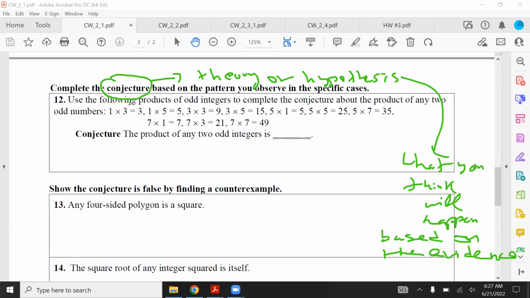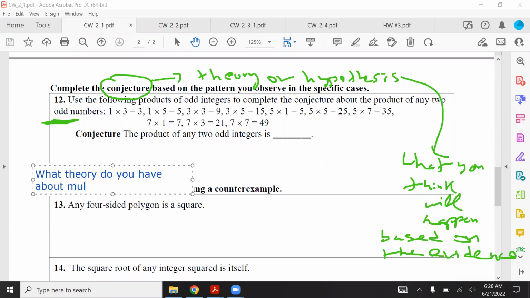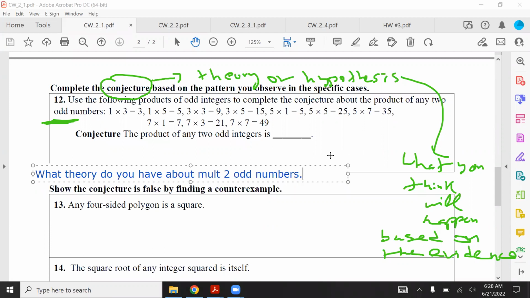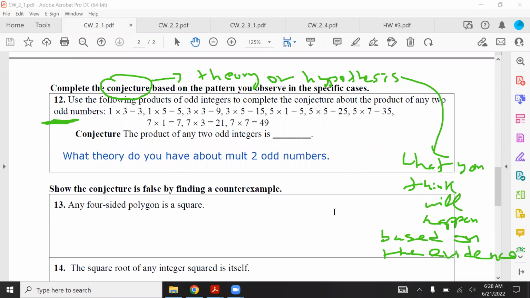It says here, use the following products of odd numbers to complete the conjecture about the product of any two odd numbers. Okay. So what theory do we have about multiplying two numbers? Let me put this as a text box. About multiplying, okay, that should show up on your end.